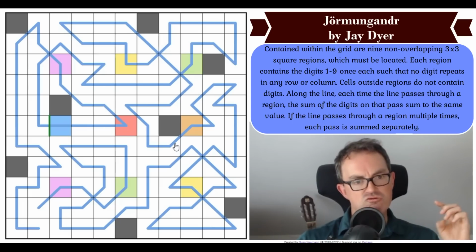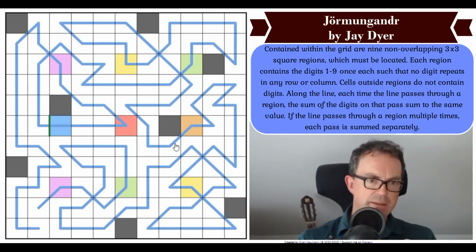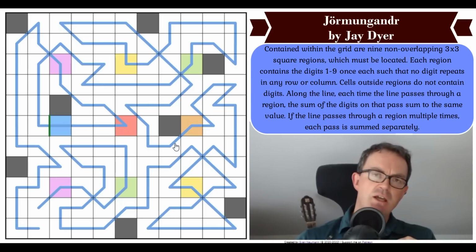Now, what do I think is more likely? I reckon it's more likely to be probably 15. Because if it's 9, that's not very much, is it?